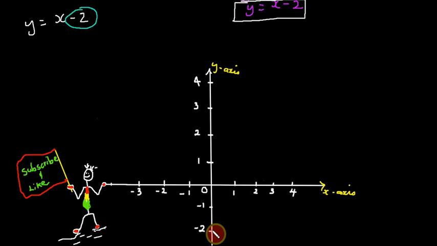So this point down here, by the way, can be written as 0, minus 2. And 0, minus 2 is this point right here. This is our y-intercept. Our y-intercept is where the line intersects the y-axis.